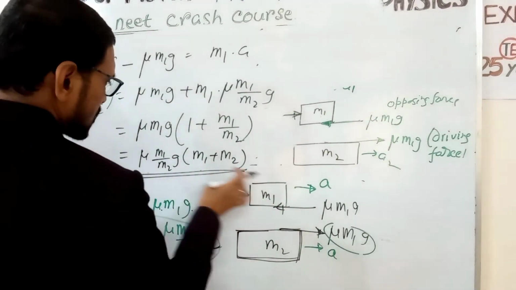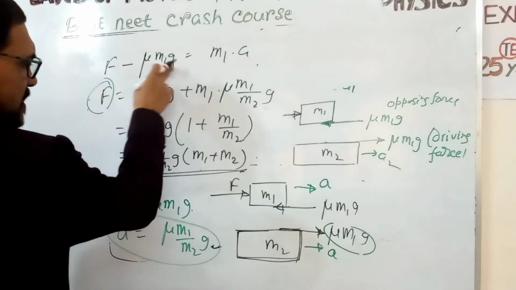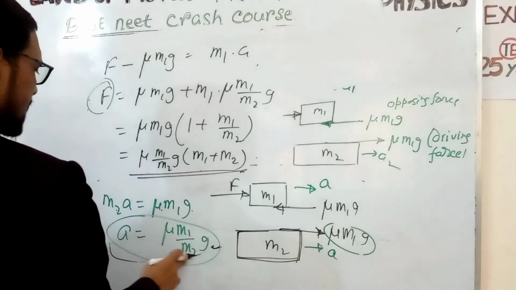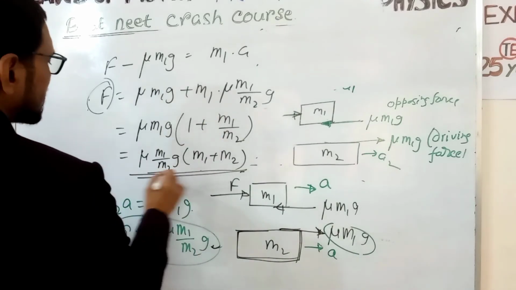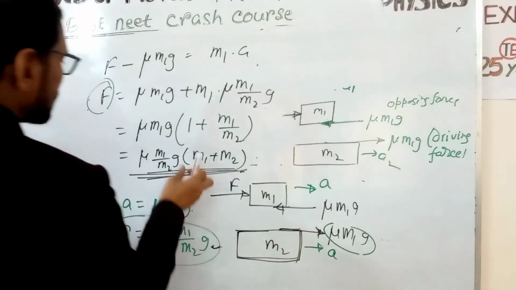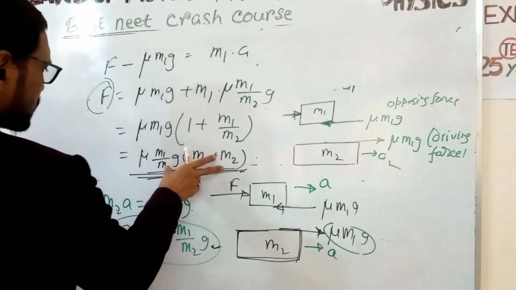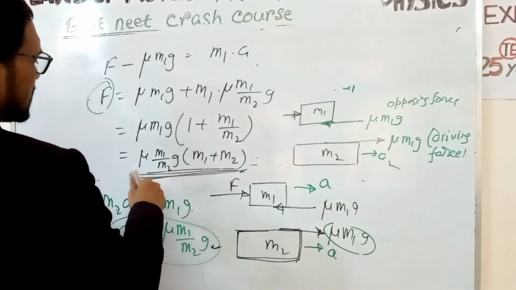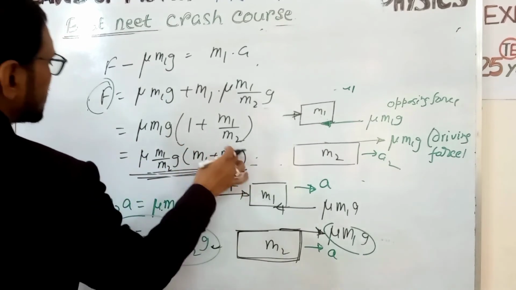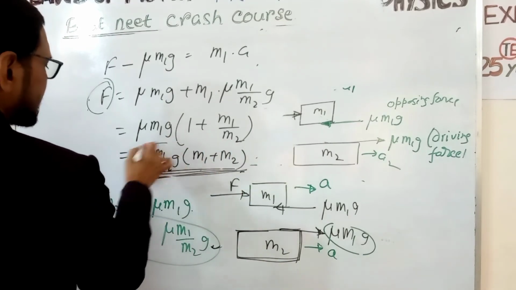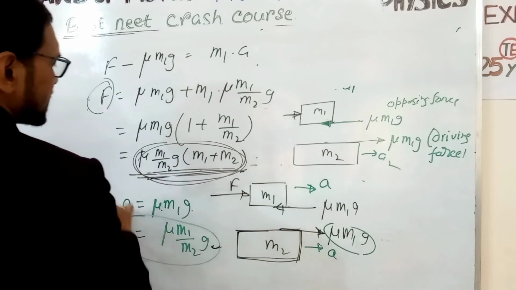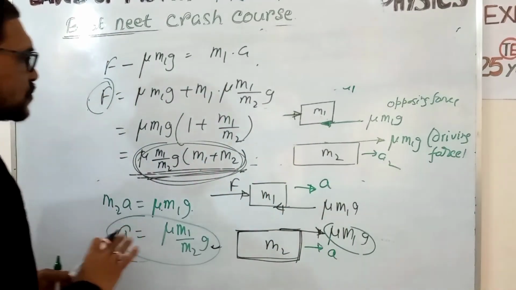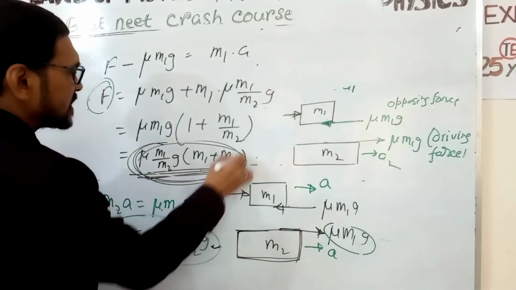Now write the equation of motion: F minus this equals m1a. So F equals this plus this, and put the acceleration here. You get the result. Up to that force the bodies will move together. If the force applied is greater than this value, then the two blocks move separately, that is, with different accelerations.